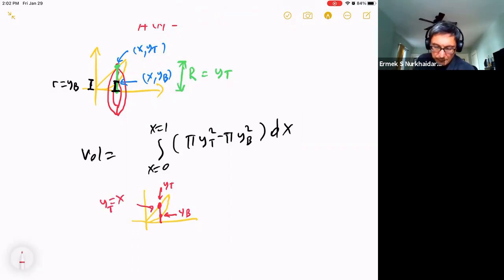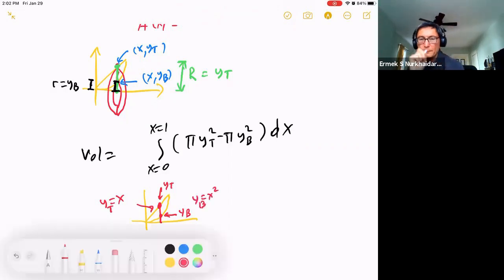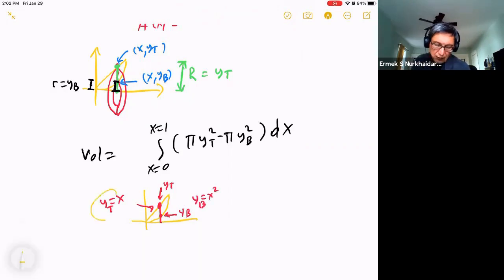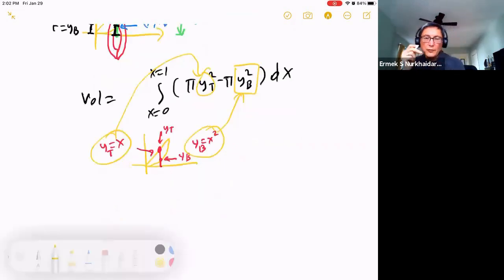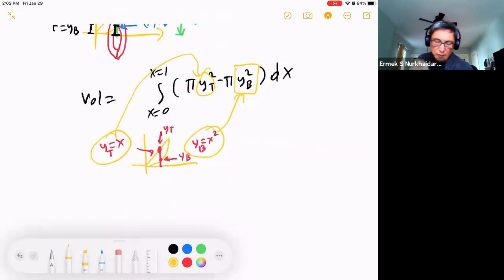Bottom curve has equation y equals x squared. So y bottom equals x squared. So we substitute y top equals x and y bottom equals x squared. Because don't forget, we need to have the integral in terms of x.